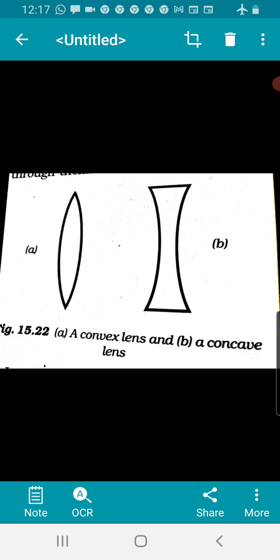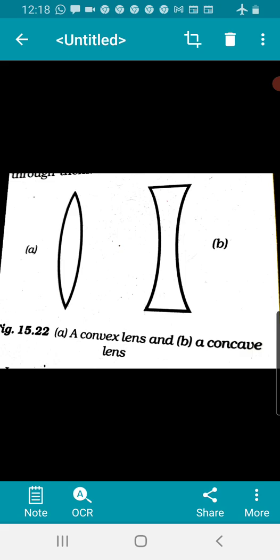Those lenses which feel thicker in the middle than at the edges are convex lenses. See here, you can see the middle portion of picture A is thicker than the edges. So those which feel thinner in the middle than at the edges are concave lenses. Notice that the lenses are transparent and light can pass through them.